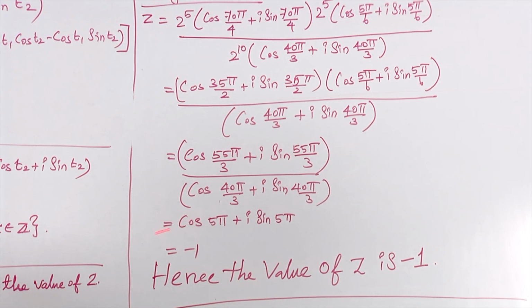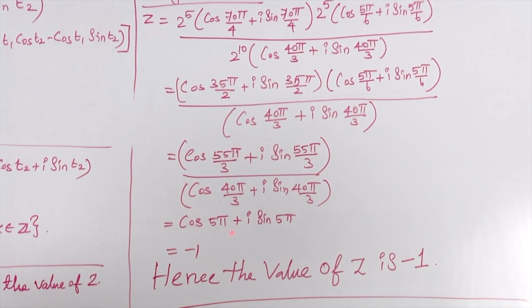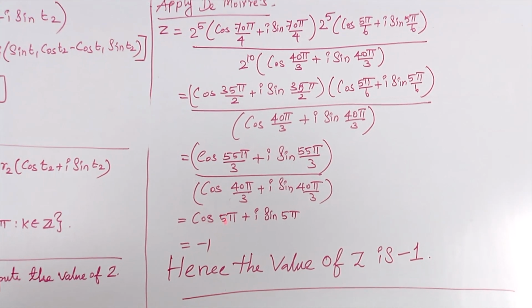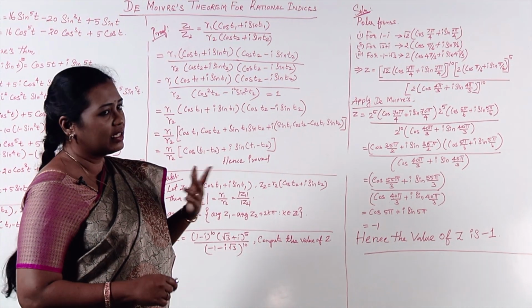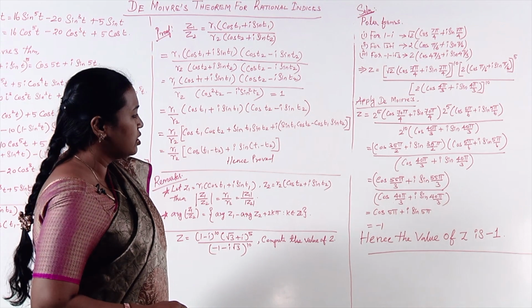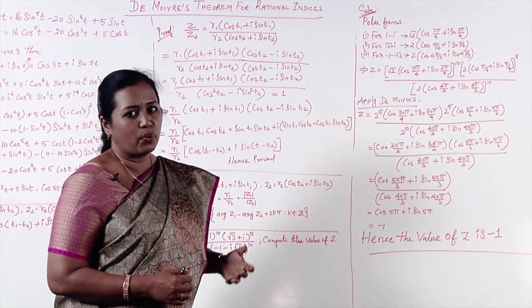It gets cancelled and we arrive at cos 5 pi plus I sin 5 pi, which is equal to minus 1. So cos 5 pi, we know it is the odd multiples, cos pi is minus 1. So for odd multiples it becomes minus 1, whereas sin pi is always 0. So the value of Z is minus 1.